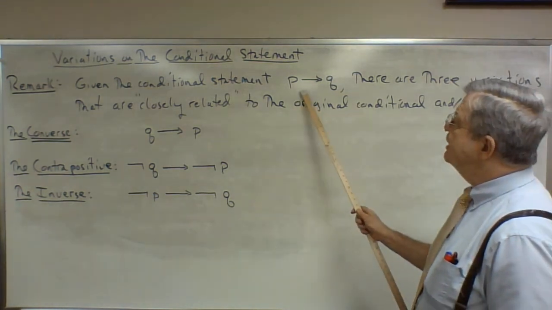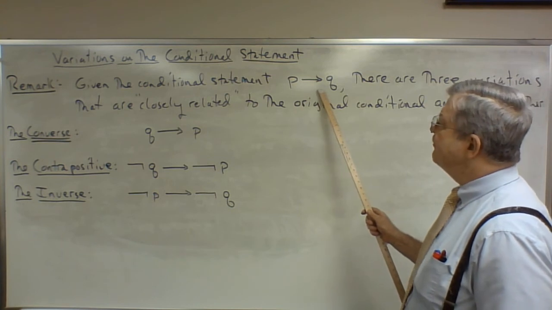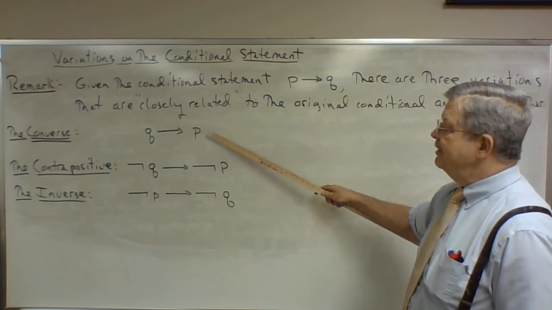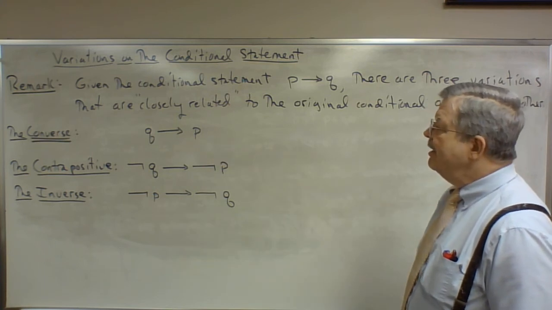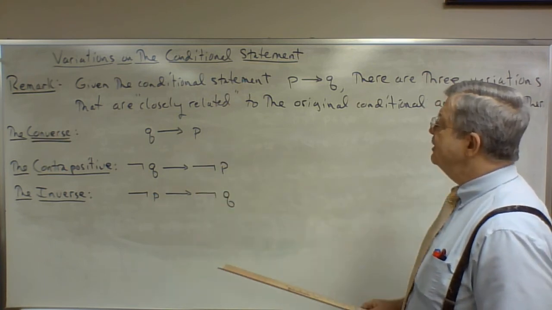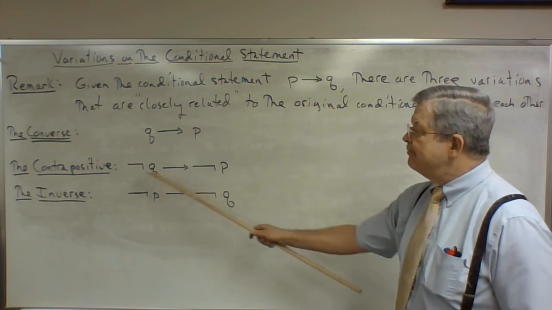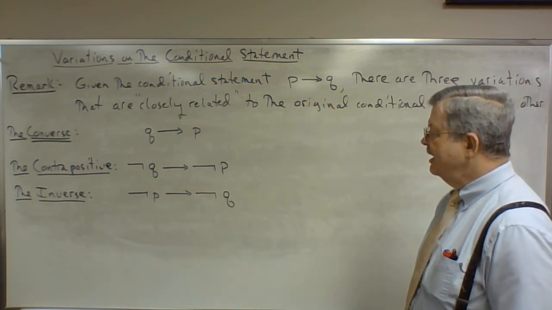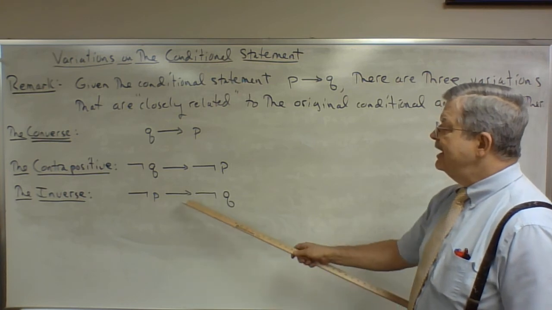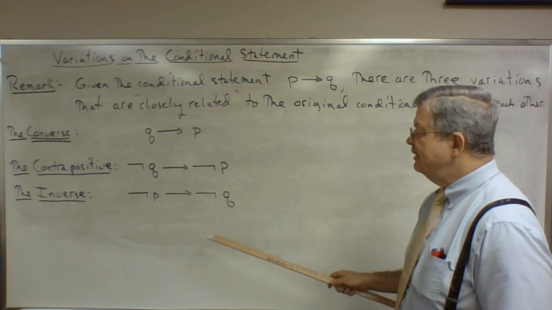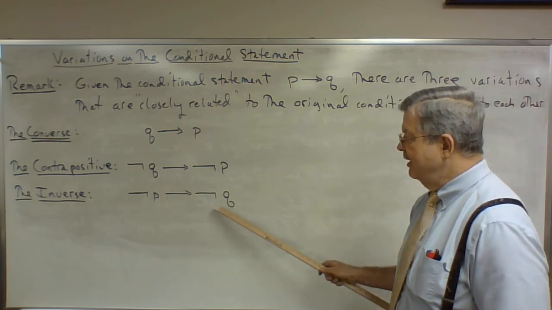So here's the original conditional statement. This is the converse. We just switched P and Q. This is the contrapositive. We switch P and Q and we negate both of them. And this is the inverse. We don't switch P, we don't switch Q, but we negate both of them.